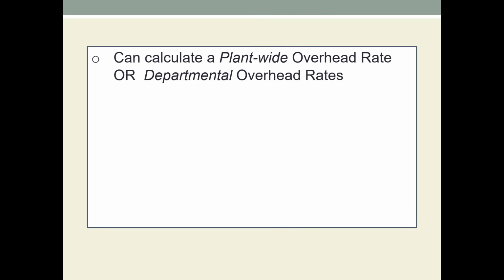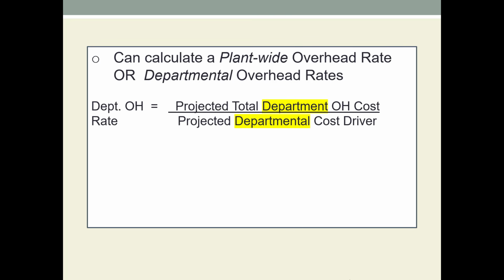It's also worth noting that you can calculate a plant-wide rate or one for each production department. So if you have a cutting department and an assembly department, you would calculate an overhead rate for each one. And there's really no difference in the formula.